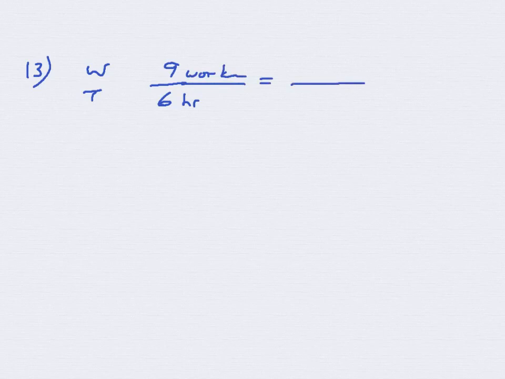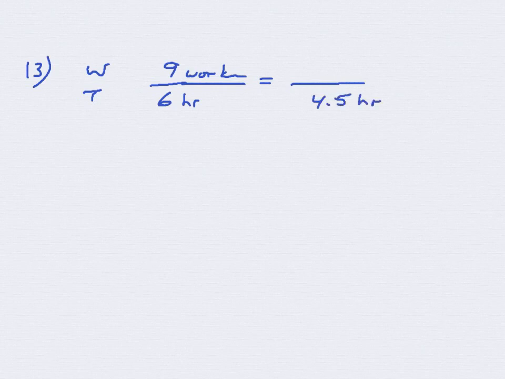We're going to compare workers to time. So we're told 9 workers can do the job in 6 hours. 9 workers. I set it up exactly the same way that I set the previous questions, clearly the answer is not going to give us what I need, but I'm going to set it up first like this anyway, 4.5 hours.